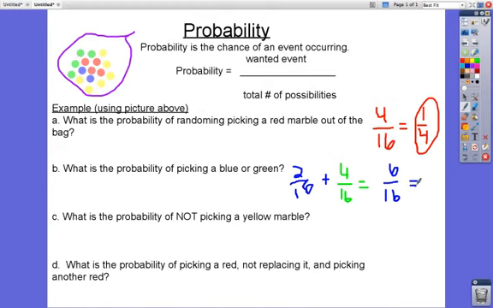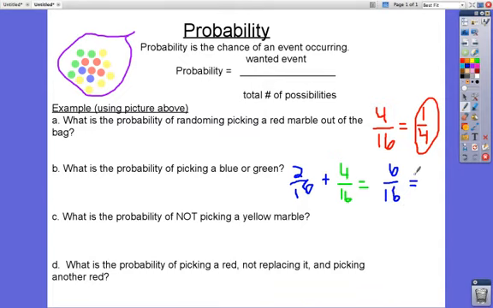Again, you would want to reduce that. The only number that goes into both of these is 2, or is it higher? That's a 16.